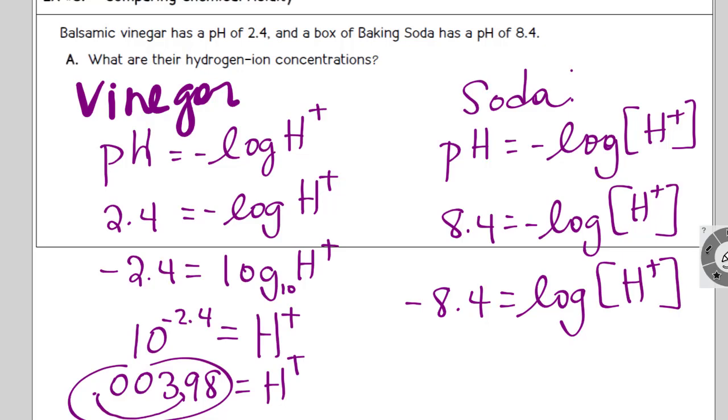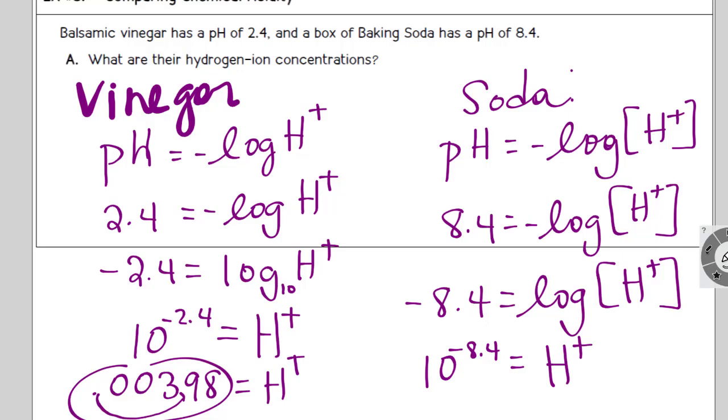And so from here, I can rewrite this in exponential form by saying 10 to the negative 8.4 equals that level or measure for the hydrogen ion concentration.